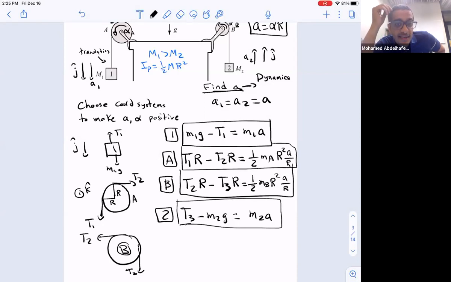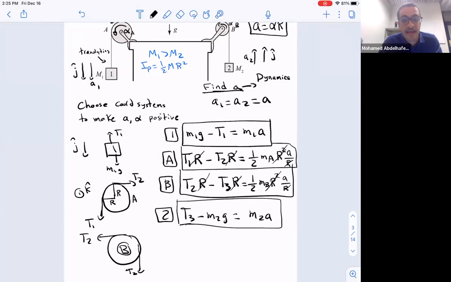Let's look at what happens to the radius R. There is R canceling one of these R's, right? Same thing down here. And then the whole equation has an R, like TR minus TR is 1/2 MAR. So this other R, you can just divide by it and cancel it as well. This R goes with this R, goes with that R.